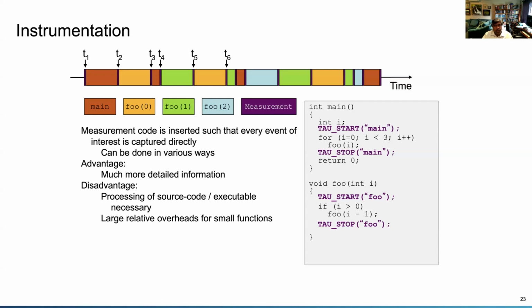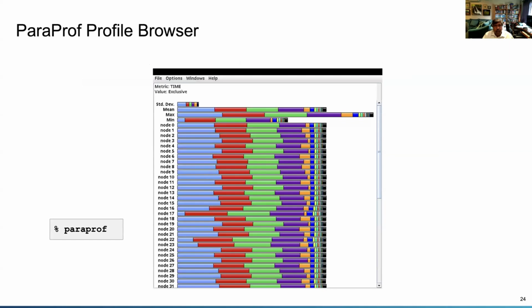So we have a way to throttle events that takes care of lightweight functions that may be instrumented and get called frequently. And then it generates a profile file, which is viewed in ParaProf. This is our browser. You can see ranks of MPI listed as nodes here.